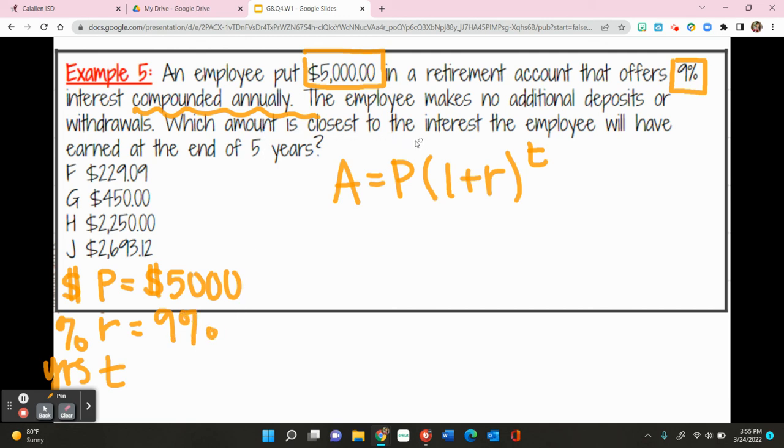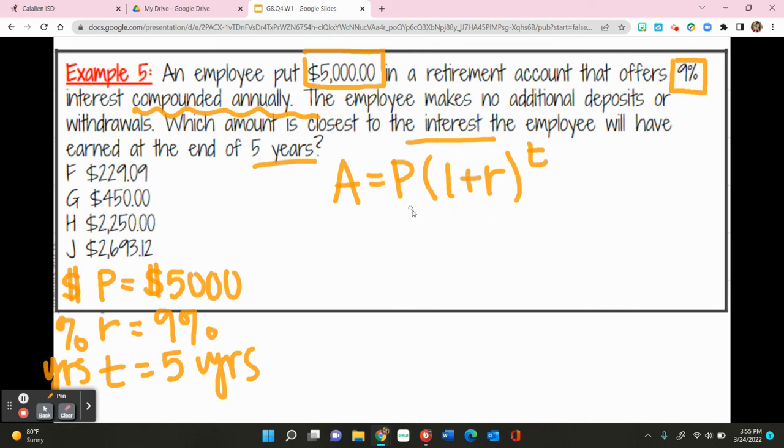And I want to find out the interest he earned at the end of 5 years, so my time is 5 years. So remember that this formula, whenever you're finding compound interest, finds your account balance. So if I want to find the amount of interest earned, I would use this formula to find my account balance and then subtract my principal amount.